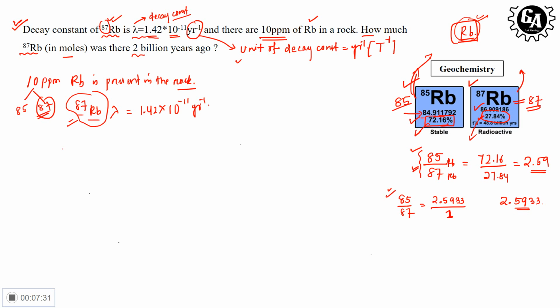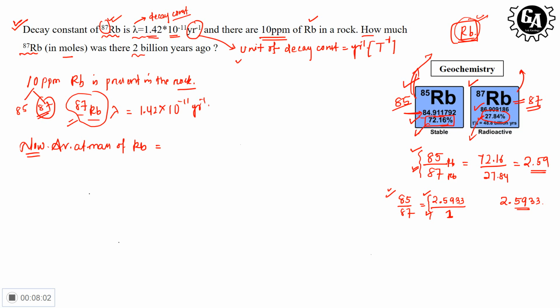Then we will calculate, this is the abundance ratio, and this is the atomic mass. So we can calculate the average atomic mass of rubidium, because we have to calculate only the 87.